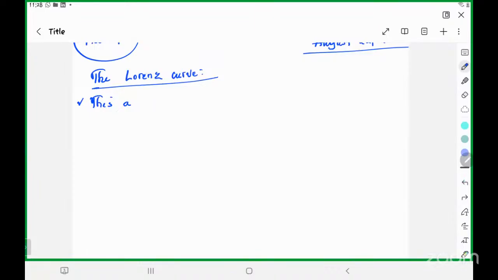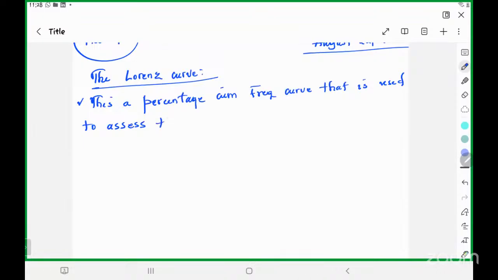Pardon me, this is a percentage cumulative frequency curve that is used to assess the income distribution within a population.